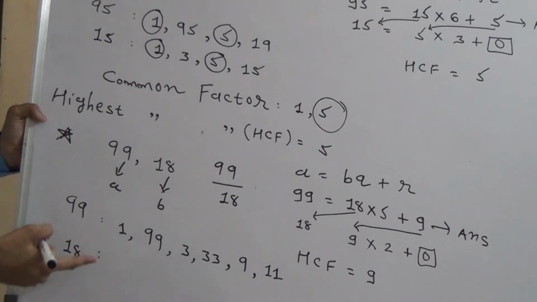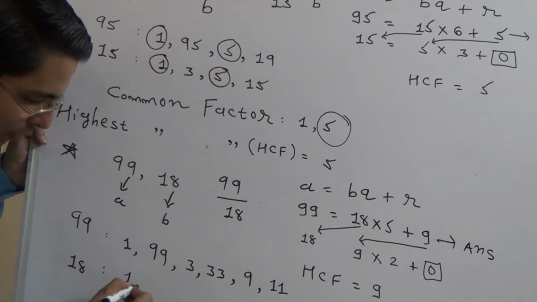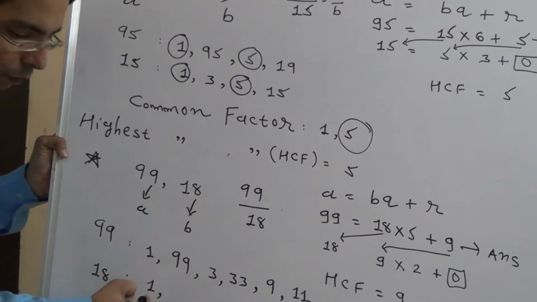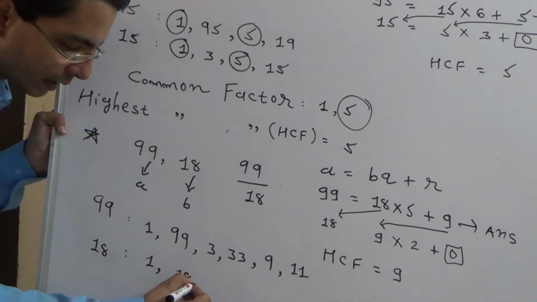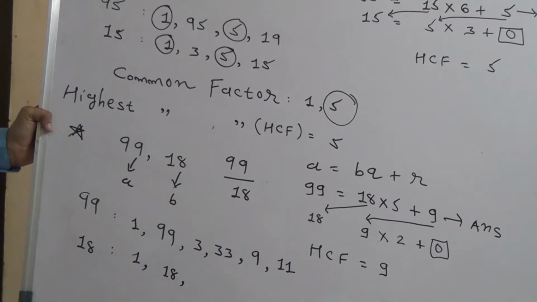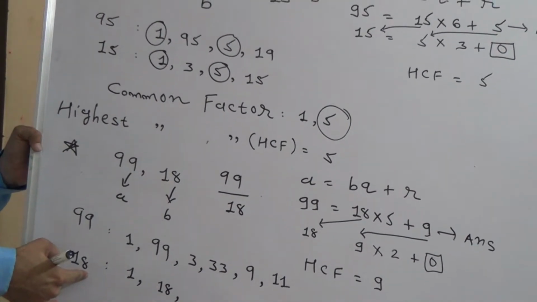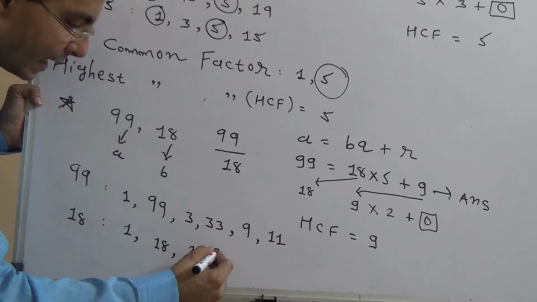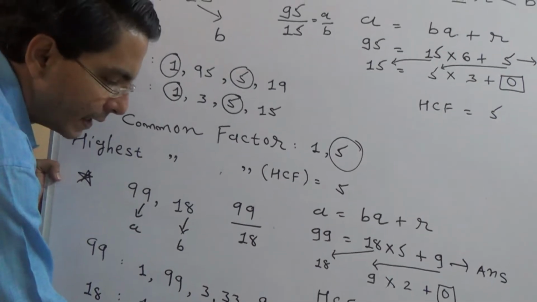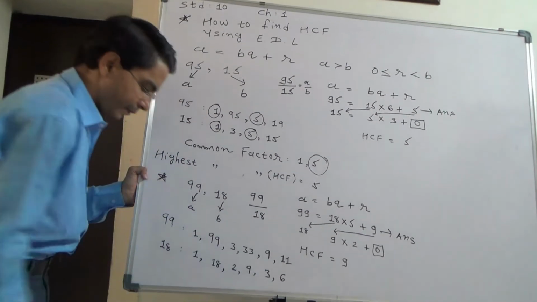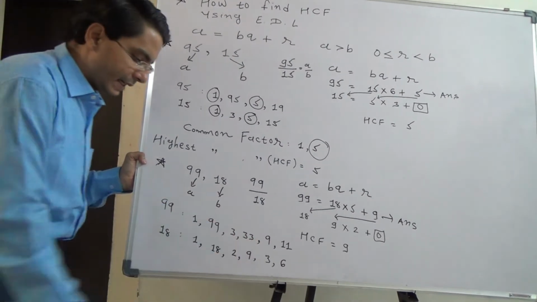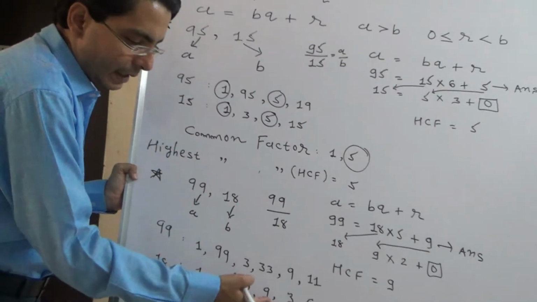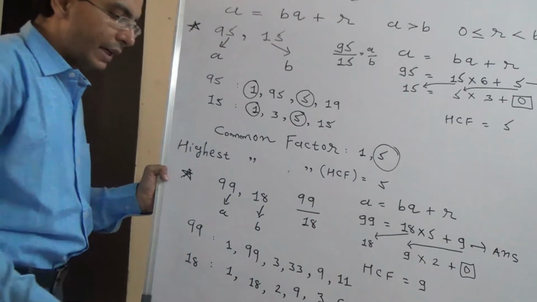In the same way for 18, 1 and 18 are factors. The unit digit 8 is even, so 2 nines are 18. Also 3 sixes are 18, and 9 twos are 18.